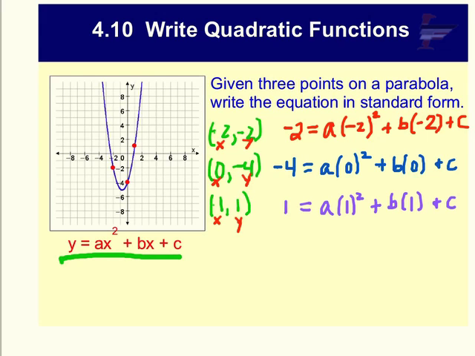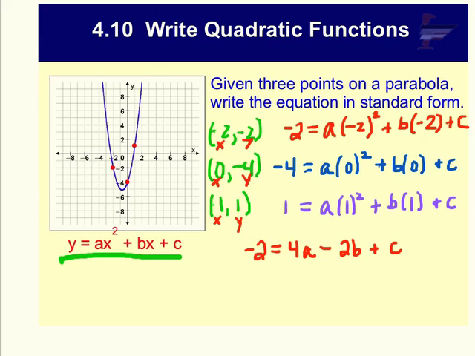So let's just do a little bit of cleanup work. That first equation, we can do a little bit of simplifying, and we have -2 equals a times -2 squared. We would square the -2 first and get +4a, and then b times -2 is -2b, and then plus c.